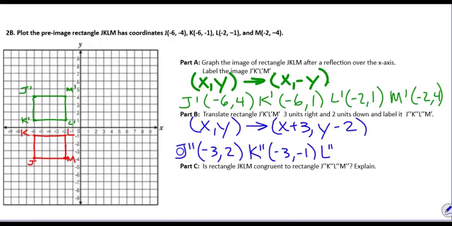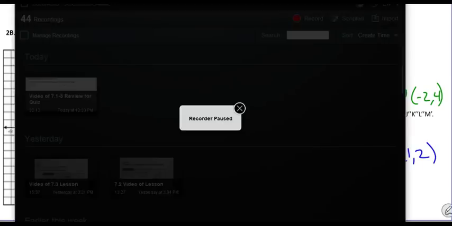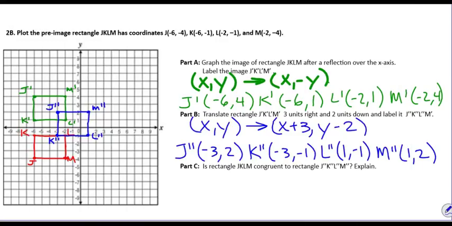Then we got L double prime, negative 2 plus 3 would be 1, and 1 minus 2 is negative 1. And then our M double prime, negative 2 plus 3 would be 1 again, and 4 minus 2 is 2. Now I'm going to go ahead and plot these. So you can see that our final image is right here in blue.